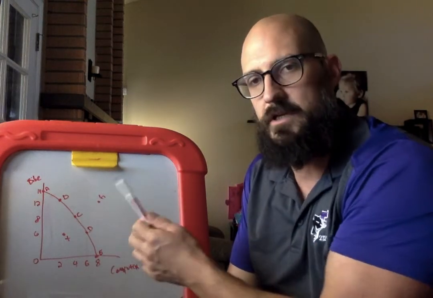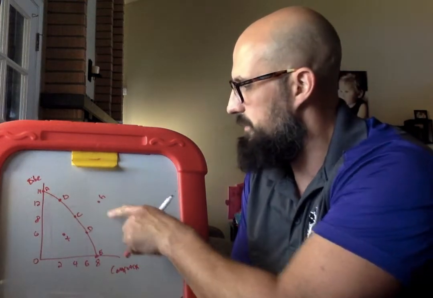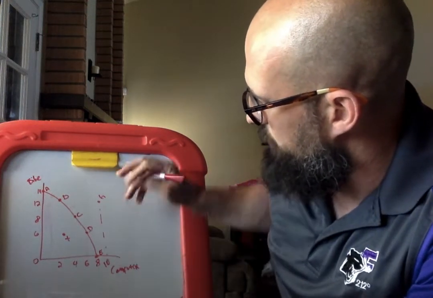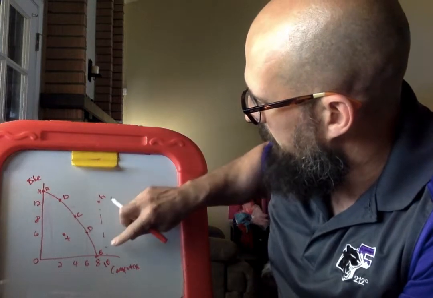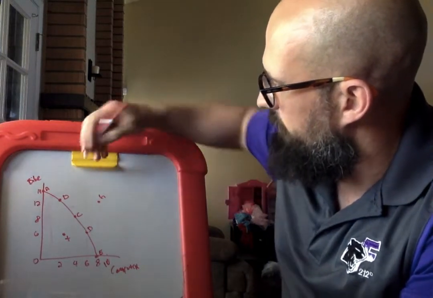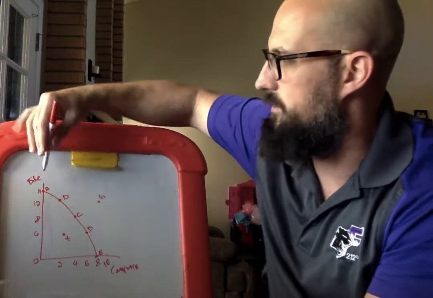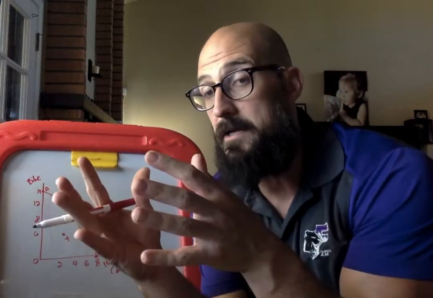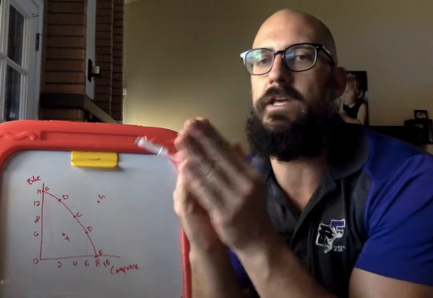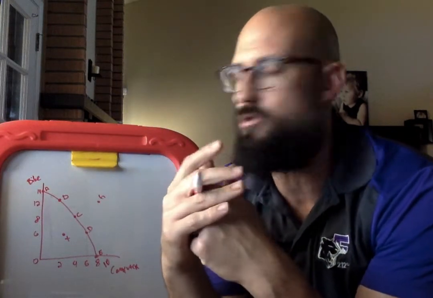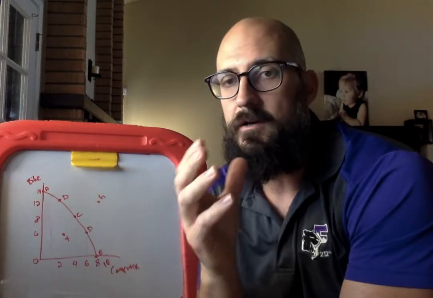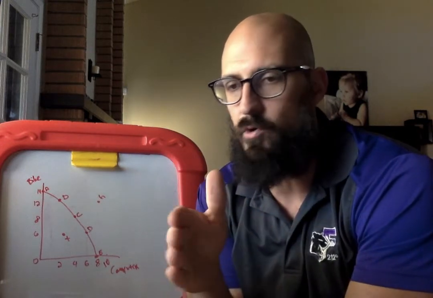Let's say point G represents 10 computers and 14 bikes. Well, we don't have enough bike pedals to make more than 14 bikes. We have 28 bike pedals, 2 per bike, so 14 is the most we can produce. Now, keyboards: let's say we only have enough plastic to make a keyboard.